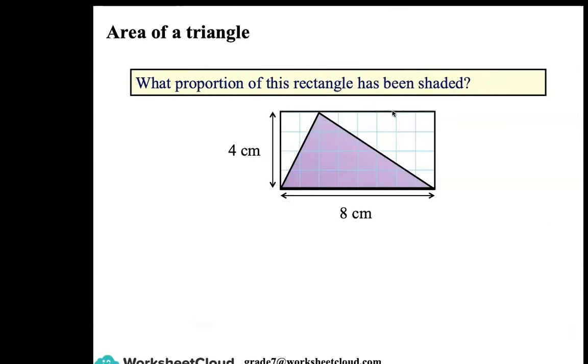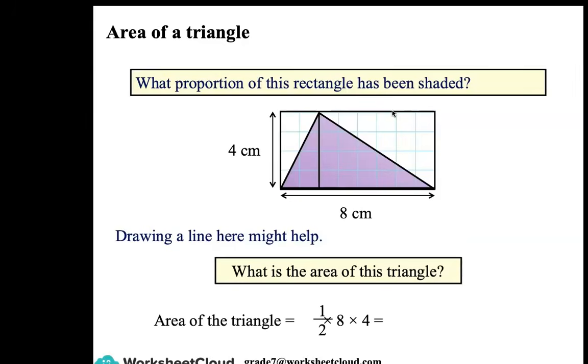Okay, so here's a different type of triangle, not a right angle triangle. And again, we need to figure out what proportion of that rectangle has been shaded. It's not as easy to see as it is with a right angle triangle. So if we drew a line on that shape, there you can see we've made two separate rectangles, and now you can see that in each rectangle there's a triangle that makes up half of it.